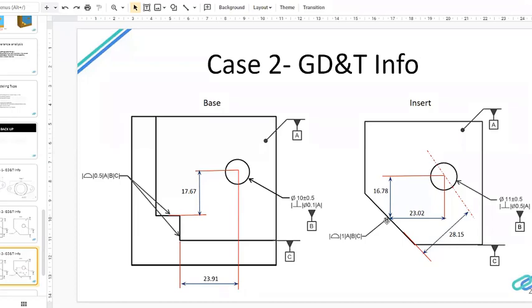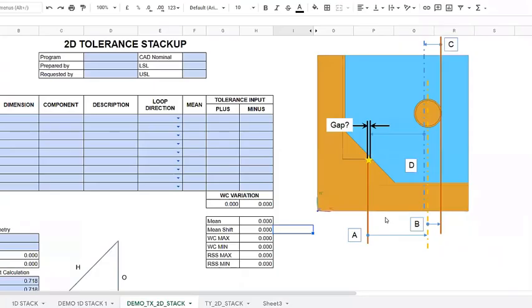I just measured the nominal values, and for simplicity I populated them over here. So 16.78 and 23.02 were the horizontal and vertical values of this particular point. Then move back to this. From this I'm going to do a regular stack up analysis.